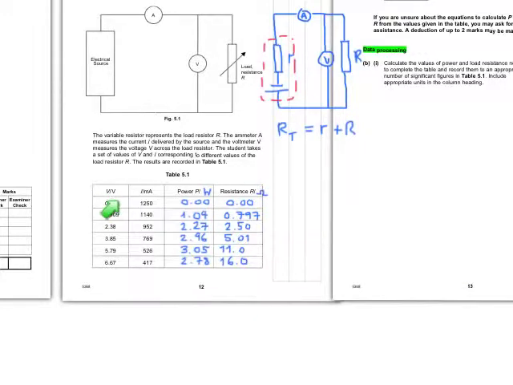Now this voltage is across the load resistance, but there still is an internal resistance here. So if we ignore this R over here, then there can still be a current that flows, even though there's no external resistance. There will be a voltage across this internal resistance.